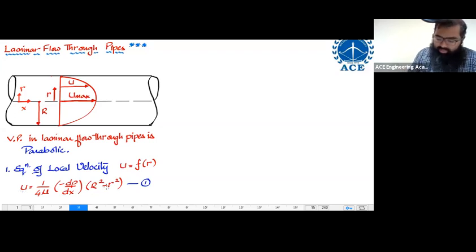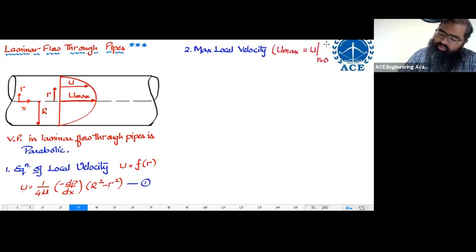Furthermore, I can also talk about u maximum now. The second formula I'm going to speak about is the maximum local velocity. This maximum local velocity is u maximum. U maximum is basically u only, but at r equal to 0.